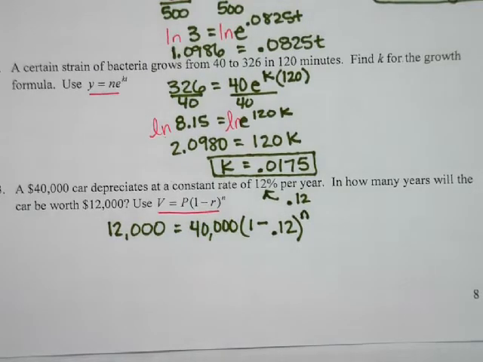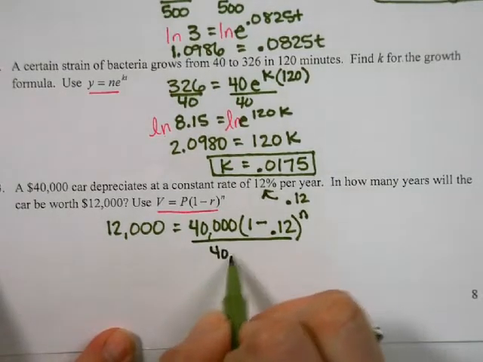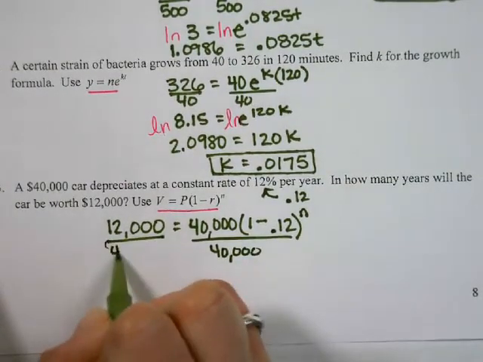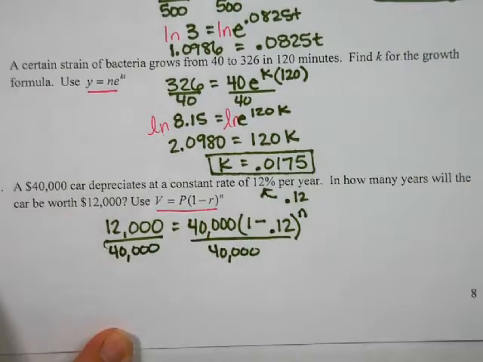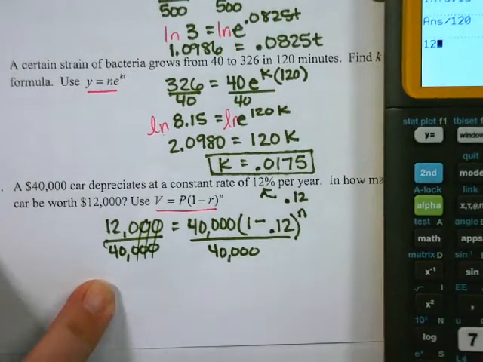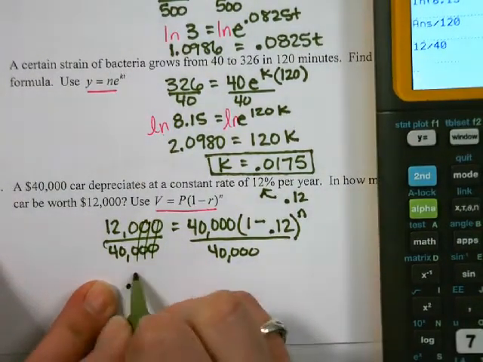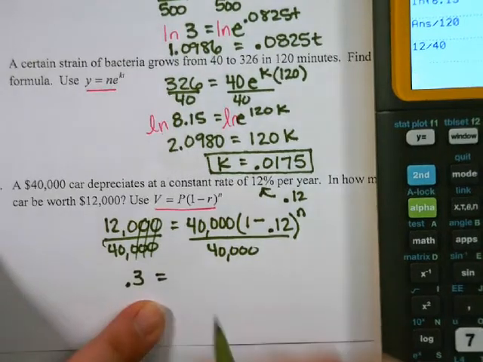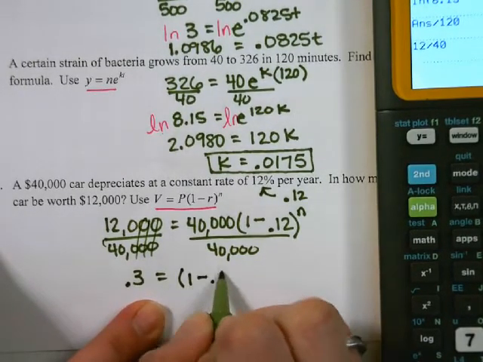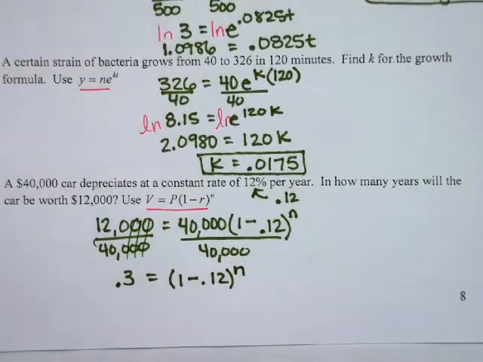All right, what do you think? Divide by 40,000. Okay, let's divide by 40,000. So I get 0.3 equals, what'd you say, Griffin? 0.88, right?